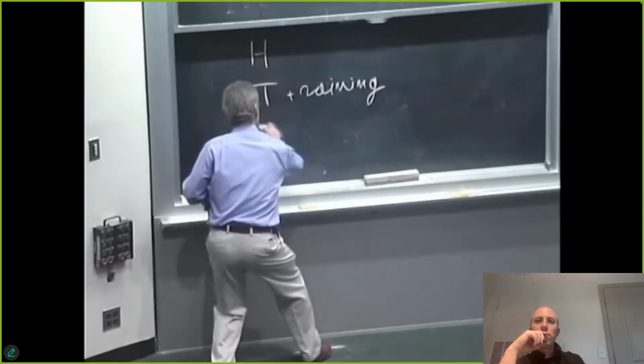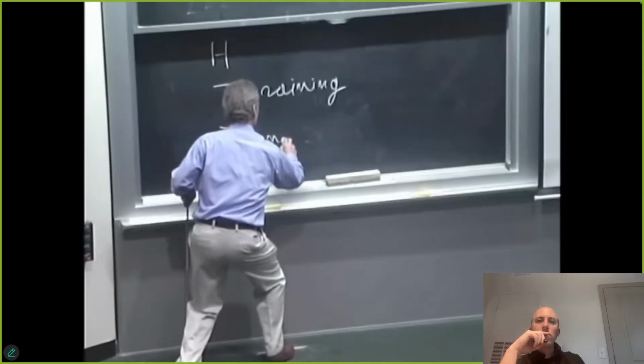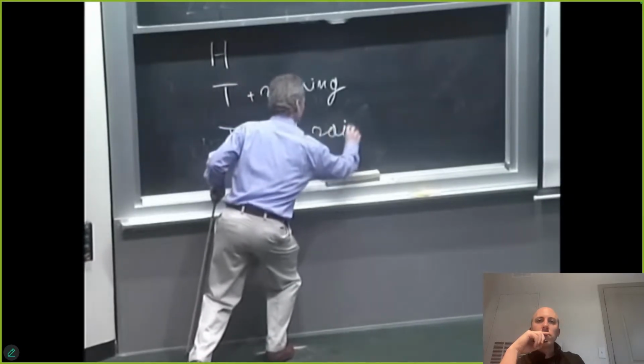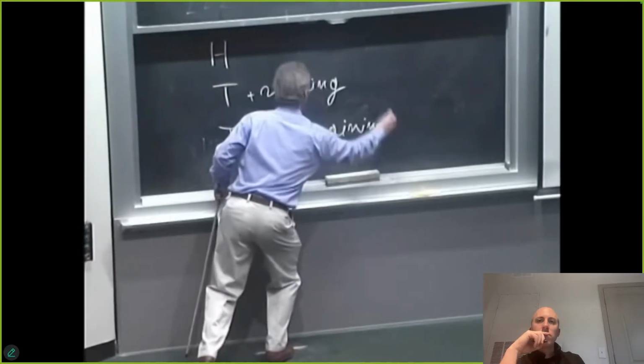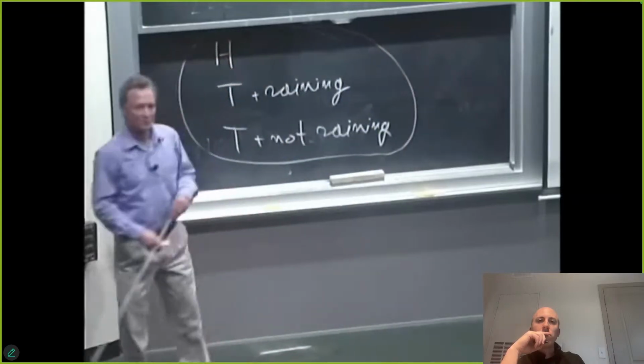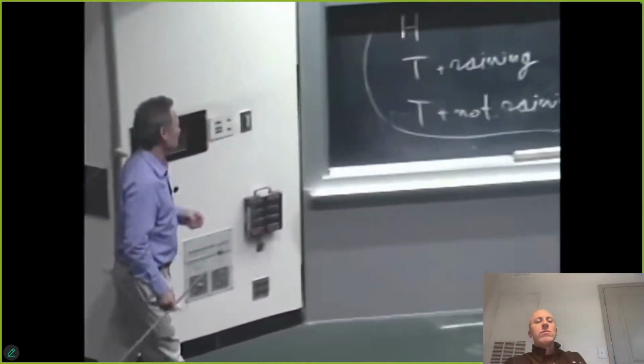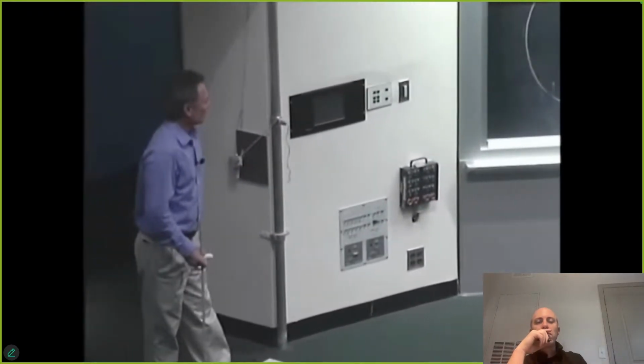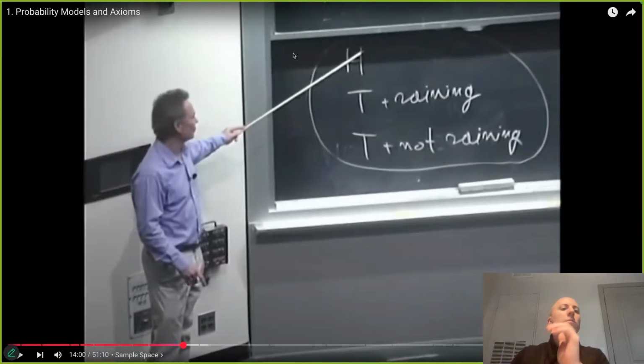And the third possible outcome is tails, and it's not raining. So this is another possible sample space for the experiment where I flip a coin just once. It's a legitimate one. These three possibilities are mutually exclusive.